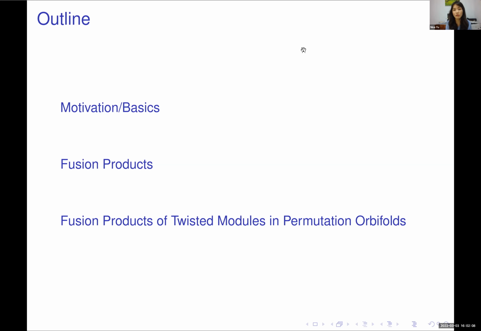And in third part, first I will talk about our result about 2 years ago with Dong, Li, and Feng about fusion products of twisted module and untwisted module. And then finally, I will talk about our recent result about fusion products of twisted modules with twisted modules in permutation orbifold.